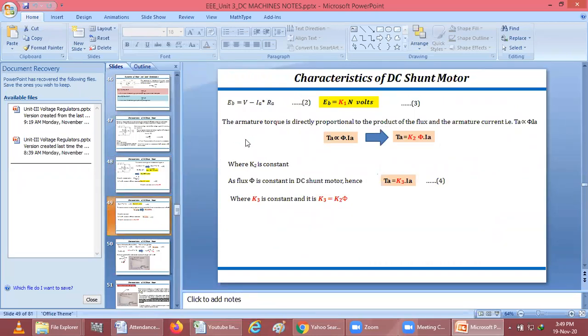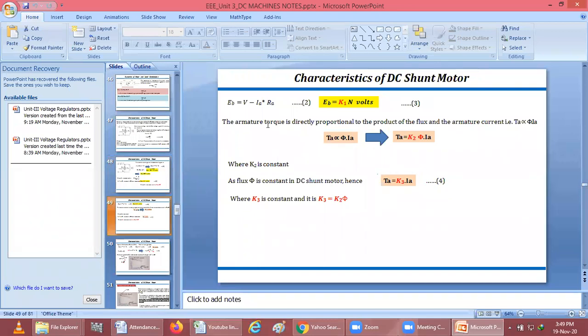So you will get here the armature torque is directly proportional to the product of flux and the armature current. Because when we have derived the equation for torque, you will get K2 phi Ia. So accordingly, you can say armature current is directly proportional to the torque.